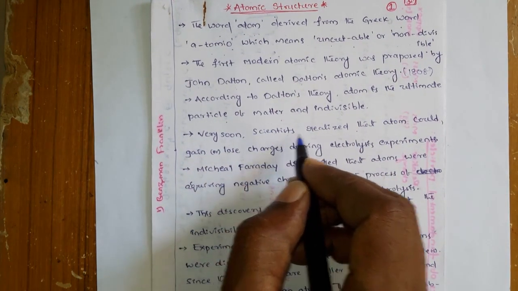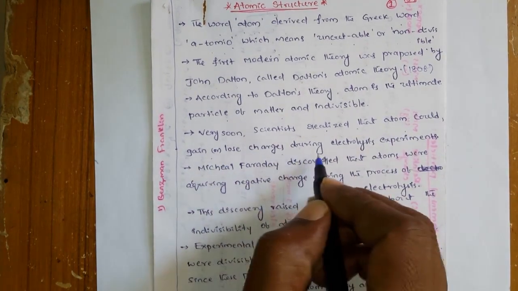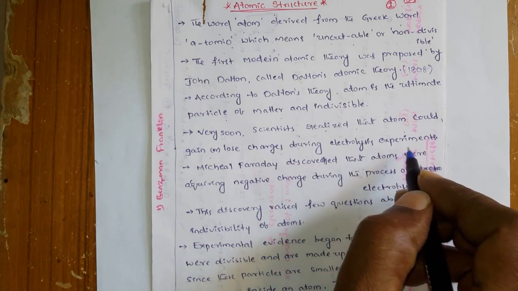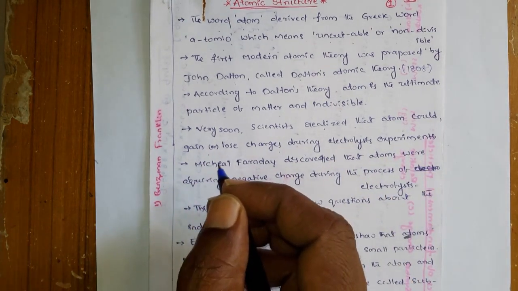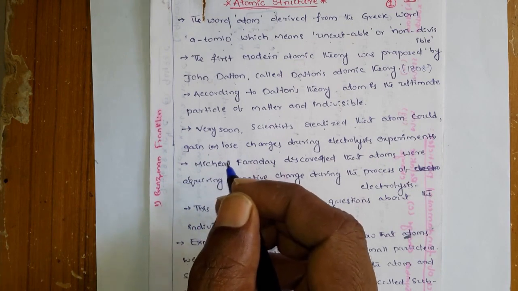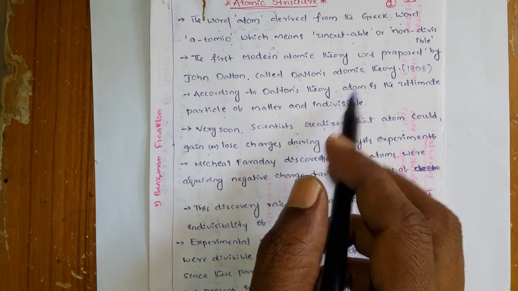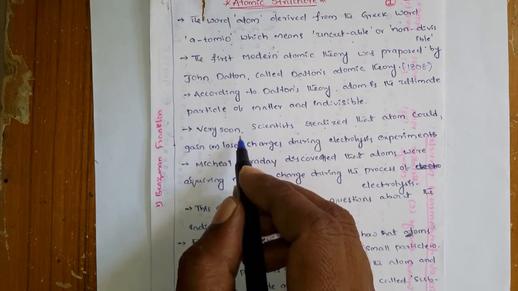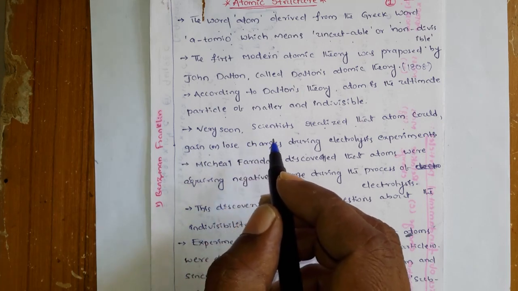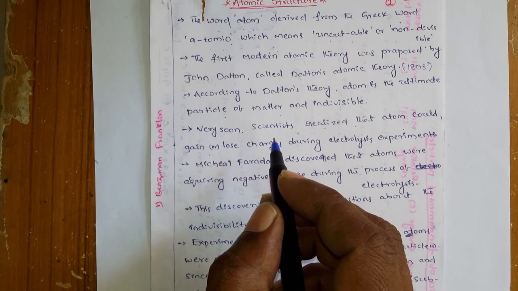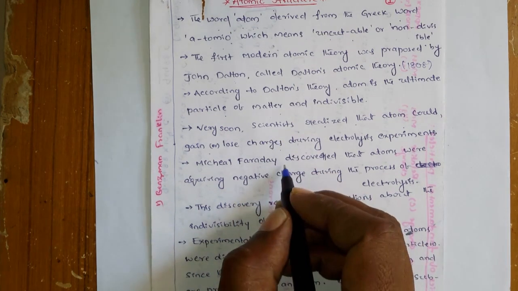the scientists realized that the atom could gain or lose charges during the electrolysis experiment. Whenever technology grows, scientists discover new things. Very soon they discovered that the atom can gain charge and simultaneously can also lose charge.